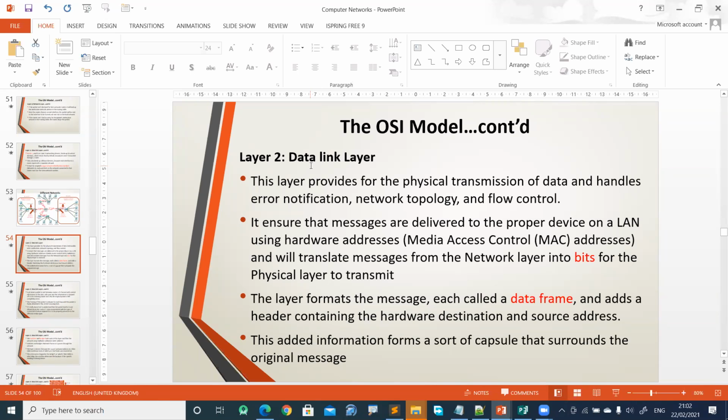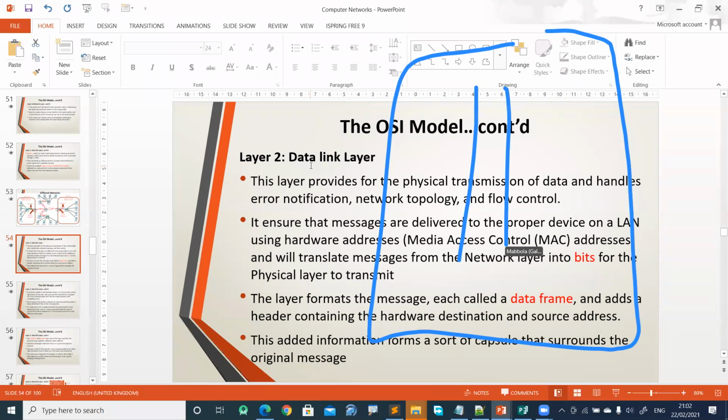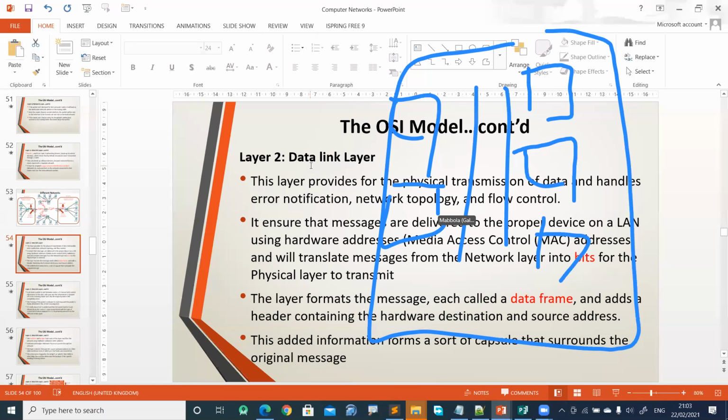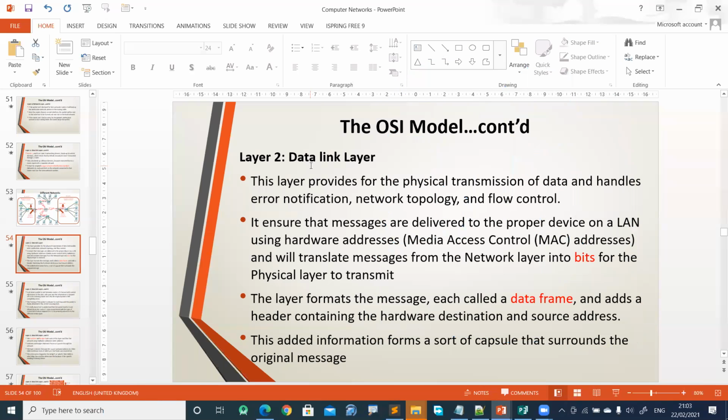Remember that the local area network is that one street, with houses, but in the street there are people. So it ensures that messages are delivered to the proper device on the local area network using the MAC address. That MAC address is also called the hardware address.